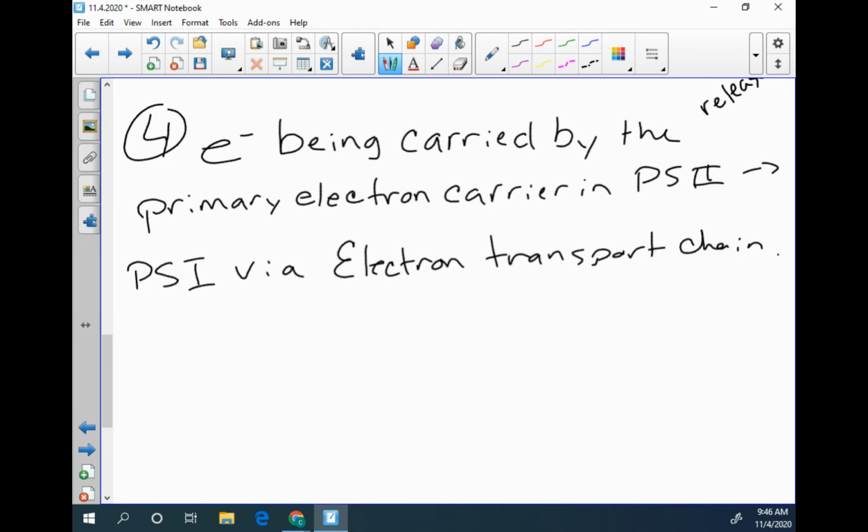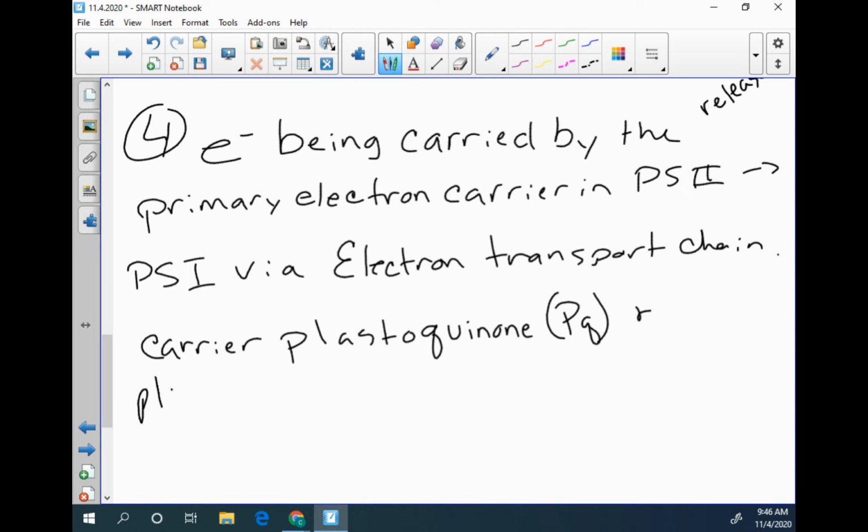We've got some carriers in there that we're actually going to name. It's not necessarily a memorized thing, but just be cognizant that this exists. They are called plastoquinone, which is abbreviated PQ, and plastocyanin, which is PC.